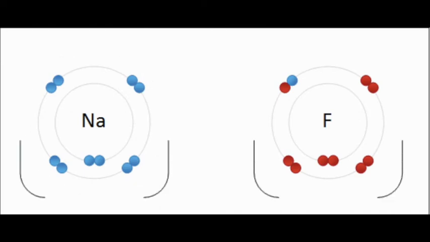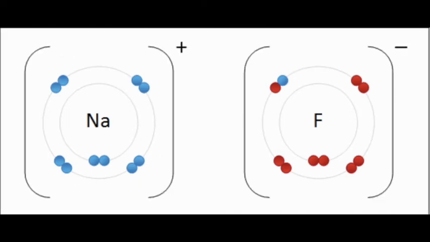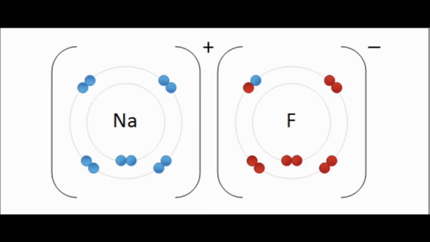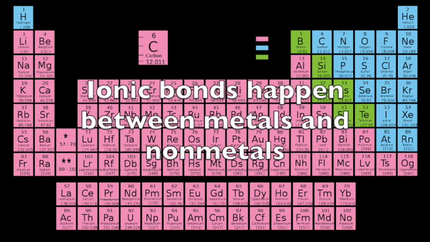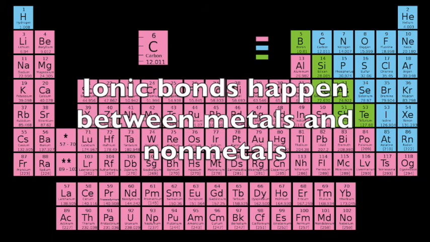Anions and cations attract each other through electrostatic forces. The negatively charged electrons on one ion tend to be attracted to the positively charged nucleus of the other to form an ionic bond. Ionic bonds happen between metals and nonmetals.